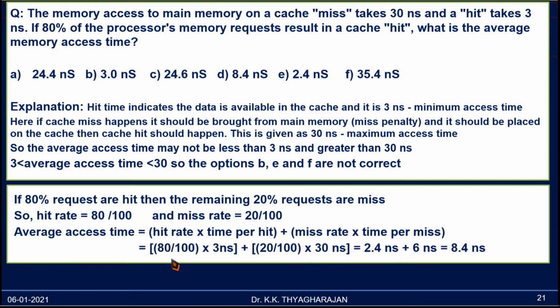Hit rate is 80 divided by 100, hit time or time per hit is 3 nanoseconds, plus miss rate is 20 divided by 100 into miss time, that is time per miss, that is 30 nanoseconds. So this will be equal to 2.4 nanoseconds plus 6 nanoseconds, that will be equal to 8.4 nanoseconds. So the correct answer is 8.4 nanoseconds, that is D.